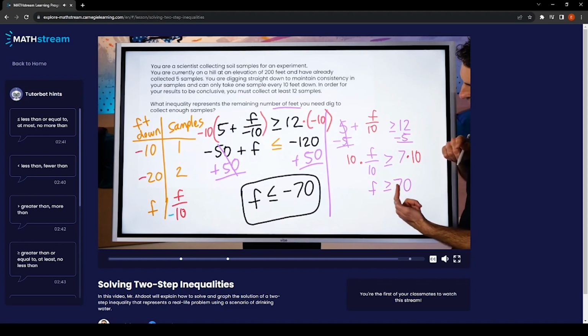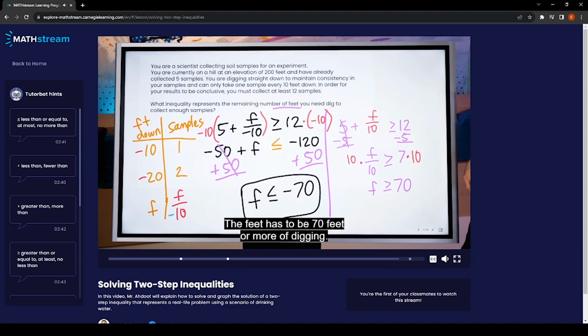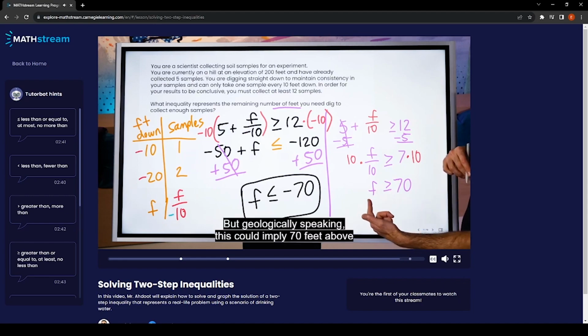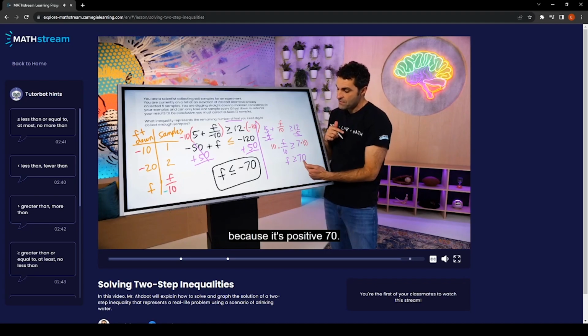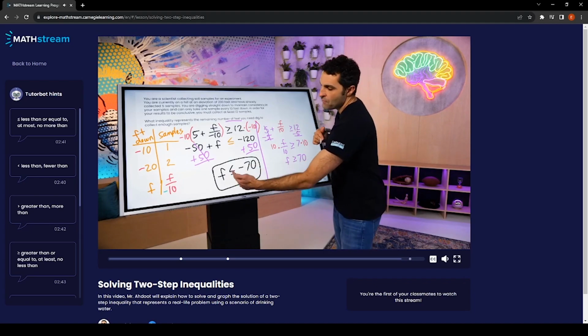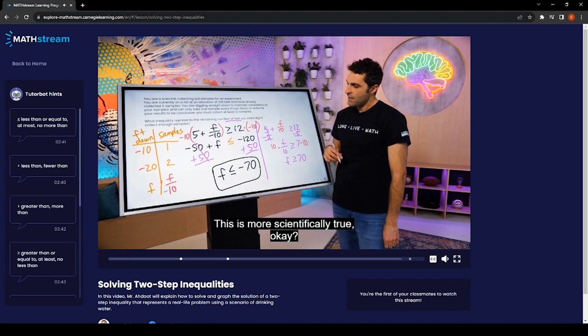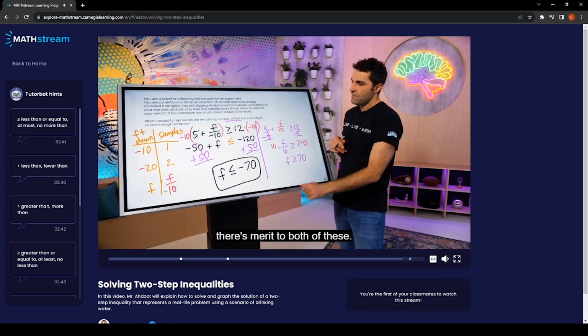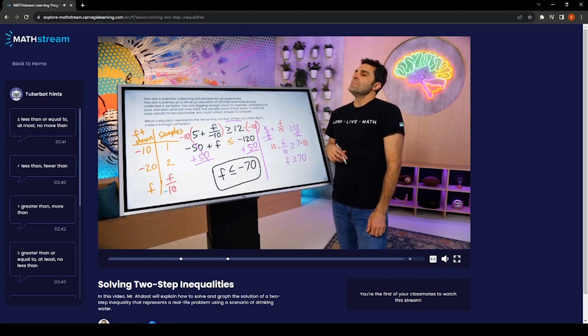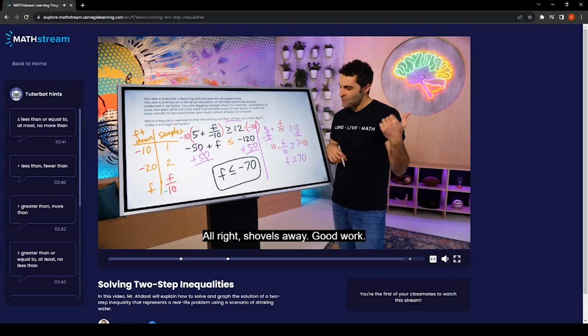The feet has to be 70 feet or more of digging. You think, I need to dig 70 feet or more. But geologically speaking, this could imply 70 feet above because it's positive 70. This is more scientifically true, okay? But really, it's all how you say it. There's merit to both of these. All right, shovels away. Good work.